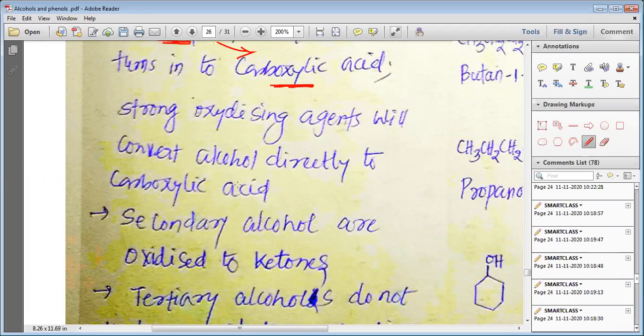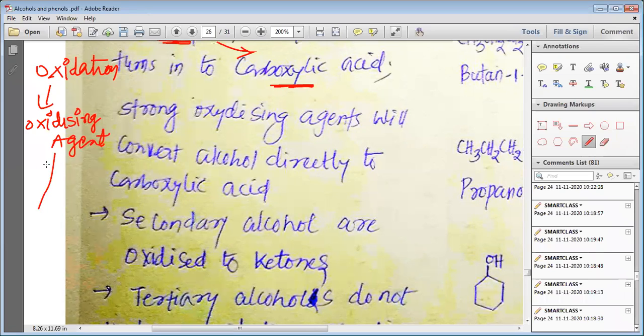So remember, for oxidation, my dear students, we need oxidizing agents. This oxidizing agent can be of two types.